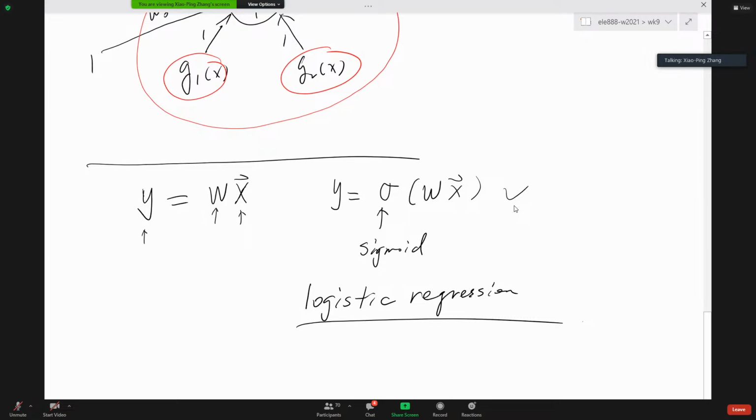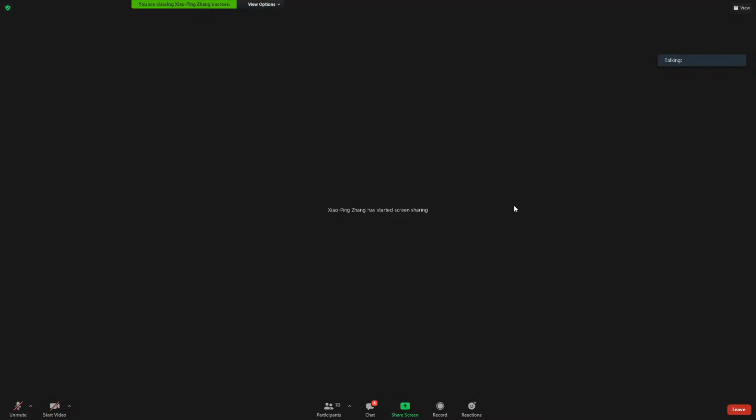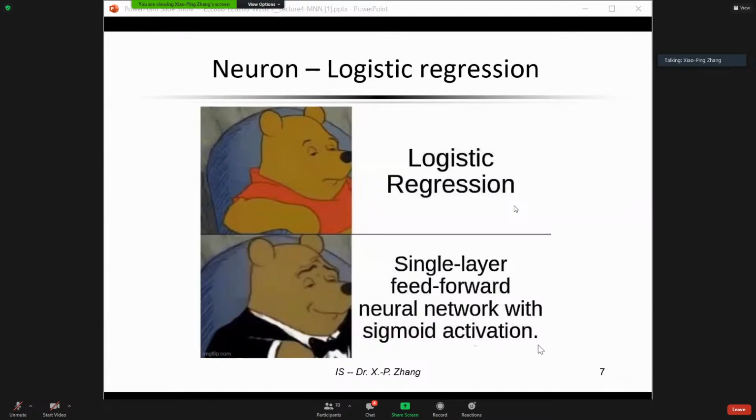Yesterday I saw a picture on some website, and I think it is exactly right: logistic regression is regular Pooh Bear. If they use a fancy word, they call it a single layer feed-forward neural network with sigmoid activation. That is dressed up Pooh Bear, but it's still Pooh Bear. It's the same.